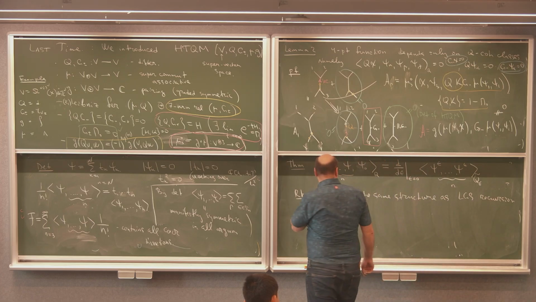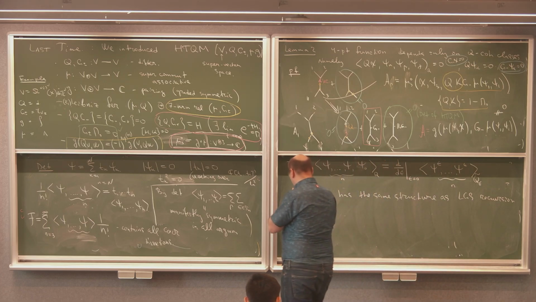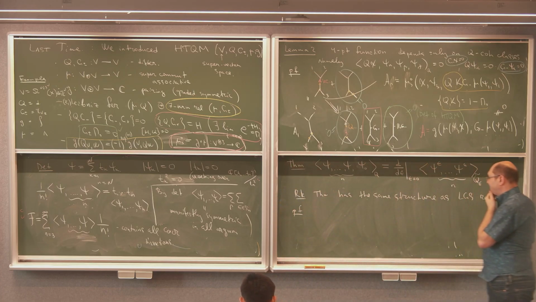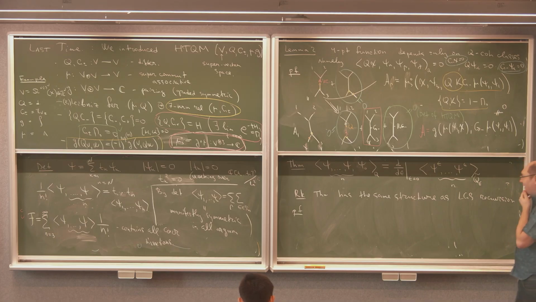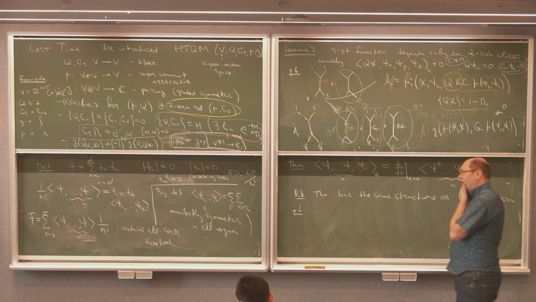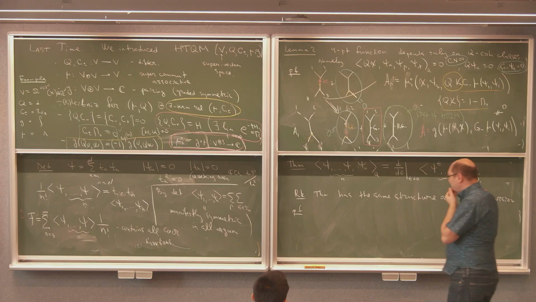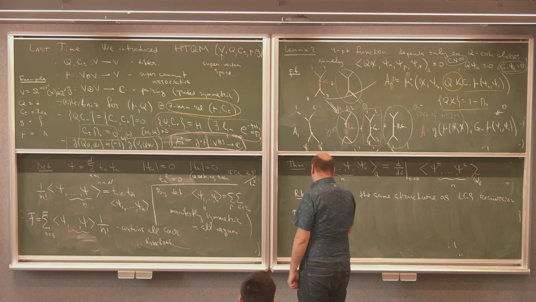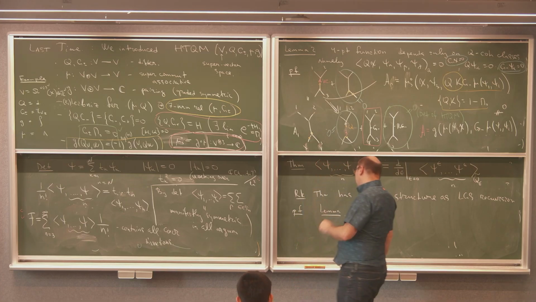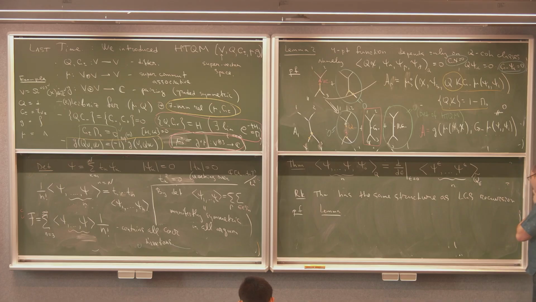To prove this theorem, we need some intermediate lemma that is actually very technical, and there is not much inside. Let me just give it to you without proof. The proof is written in our paper.